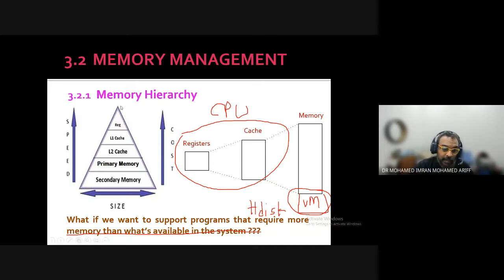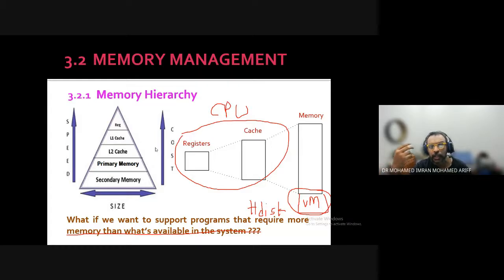So what the CPU will do is take some minimum space from the secondary memory and convert it into primary memory. That is called virtual memory. Virtual memory is basically taking a small size of the hard disk and making it as if it's primary memory.